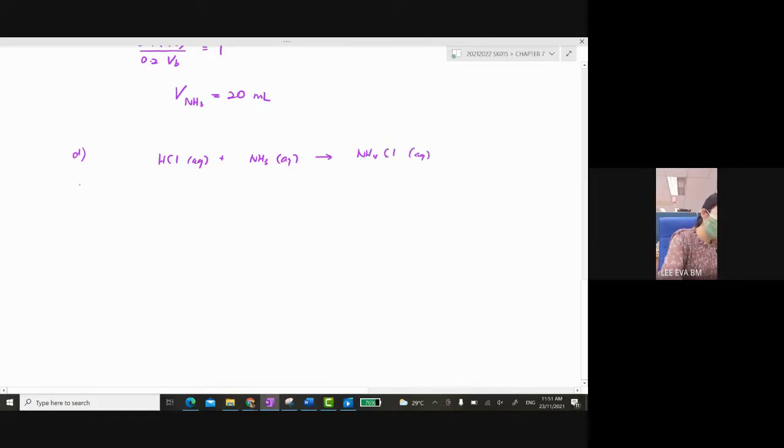Now in your ice table, we use number of moles since there is a change in the total volume. Total volume changes, right? So what is your HCl number of moles just now? 0.0?